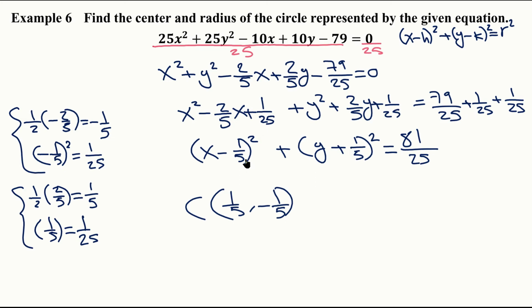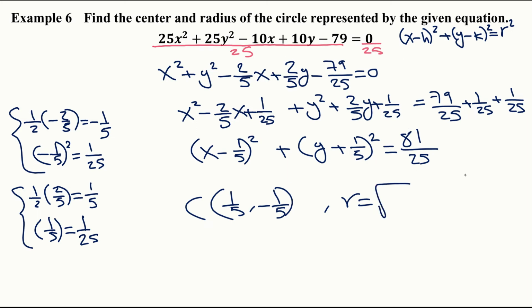Now there is a quick way of thinking about this, but I don't want you to memorize it. I want you to really understand it. Basically, whatever number you see here, the opposite is going to go into the center ordered pair, right? You see negative 1/5, that's going to be 1/5. But you see positive 1/5, it's going to be negative 1/5. And the radius is going to be basically, this 81 over 25 is the square of the radius.